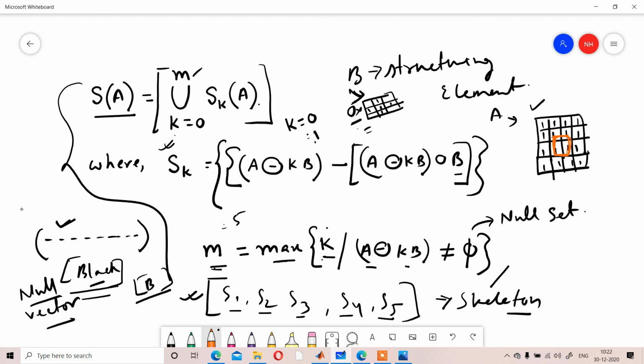In that way 3 times, 4 times, 5 times, if we continue, at a certain time it will be completely black. That image A will be completely black. So before that you have to stop. So that is the operation of K.